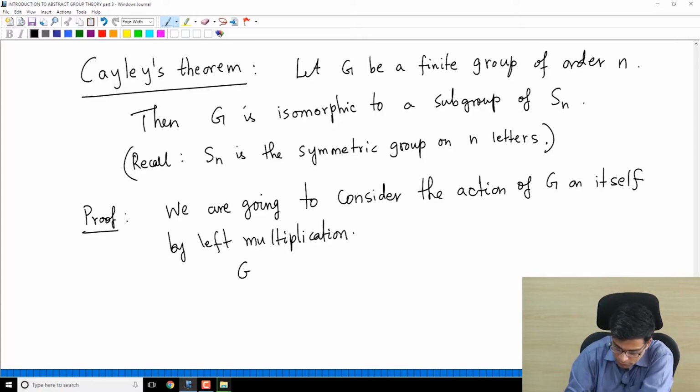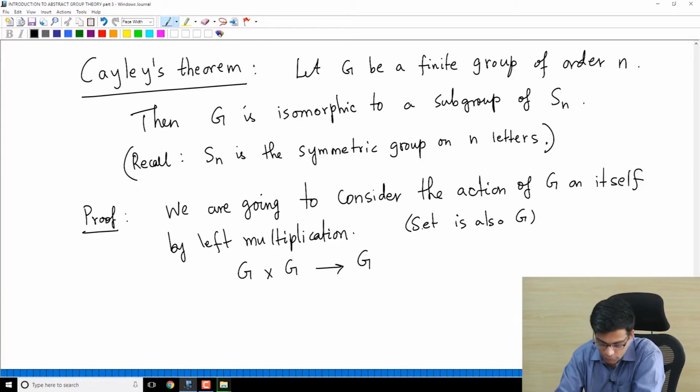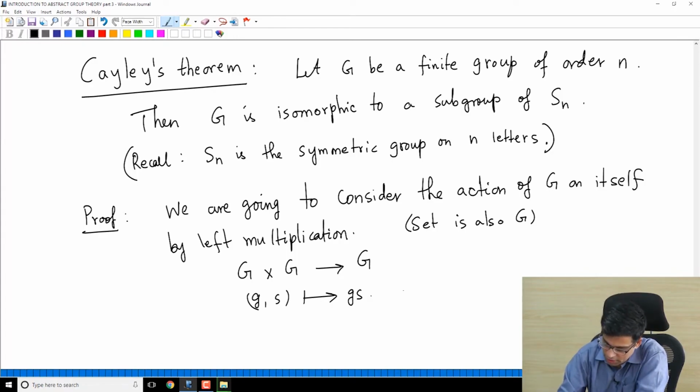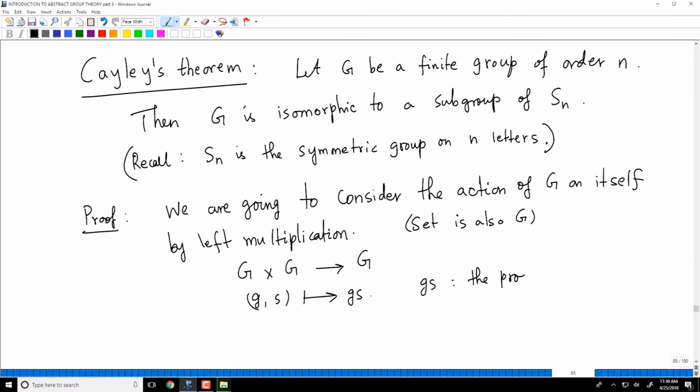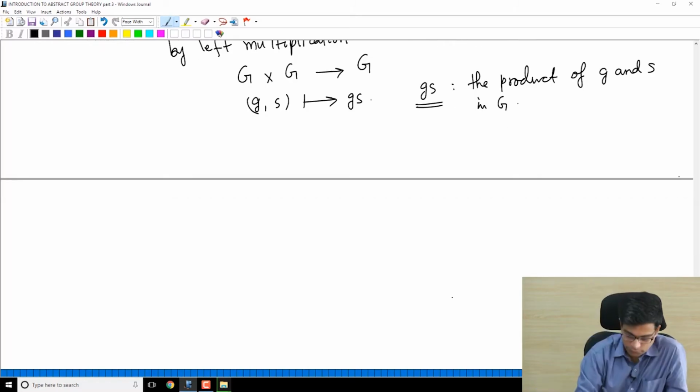This means if you have G, here the set is also G, because G acts on itself, and then g comma s is simply gs, which is simply the product of g and s in G. So this is the product inside the group G. So let's use this.